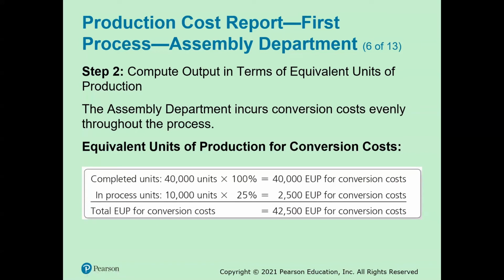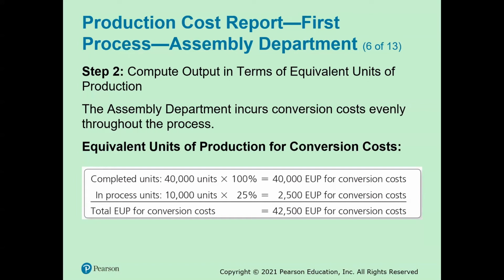The assembly department worked on 50,000 puzzle boards during July. We have already determined that 40,000 puzzle boards are completed and have been transferred to the next department. If they are completed and transferred out, then they are 100% complete for both direct materials and conversion costs in this department. Another 10,000 puzzle boards are only 25% complete.